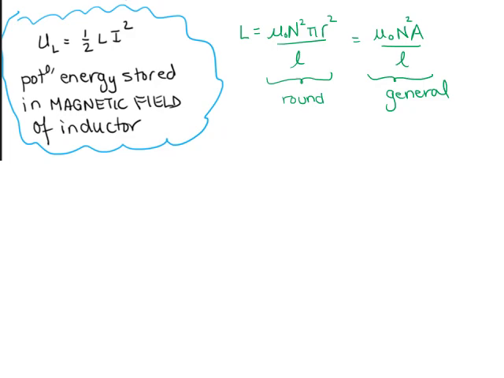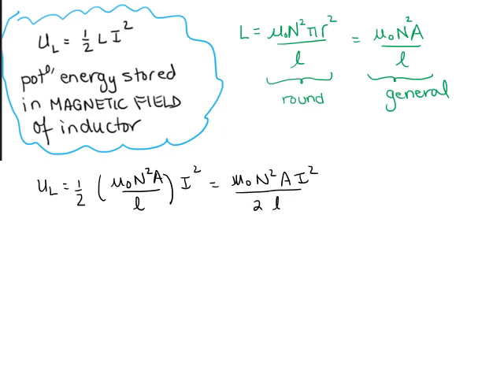So let's put this in our expression for the potential energy. We get UL equals 1/2 times the inductance, mu naught times n squared times A divided by l, times I squared. Let's just sort of multiply that out without all the brackets. So we get mu naught times n squared times A times I squared over 2 times l. And the next thing we can plug in is we know the magnetic field of a solenoid also depends on the number of coils and the current.